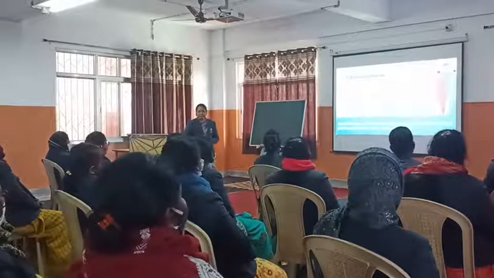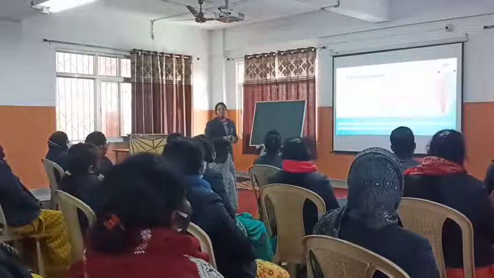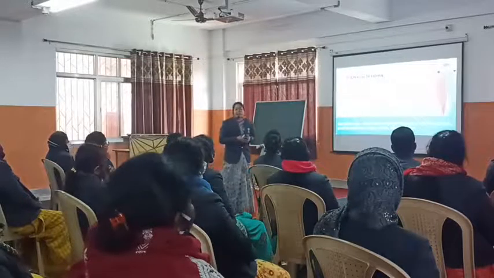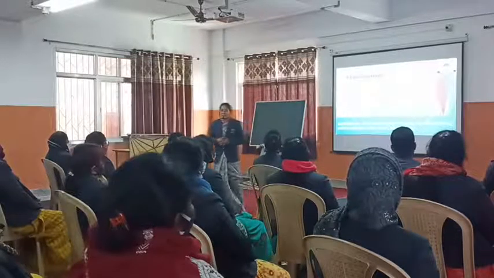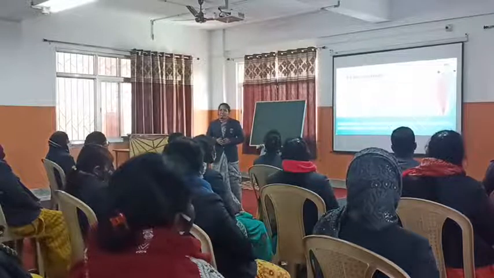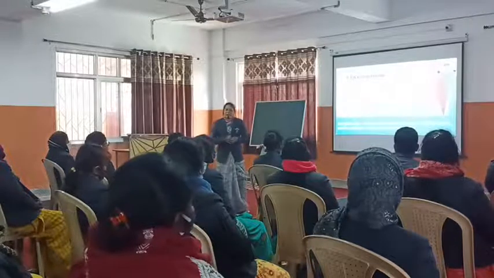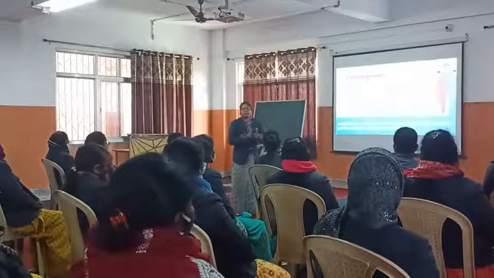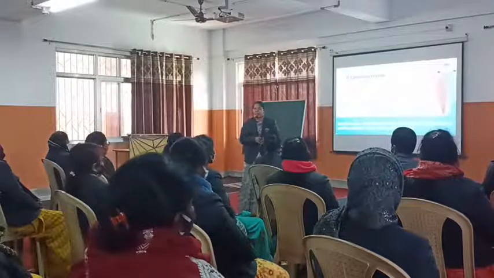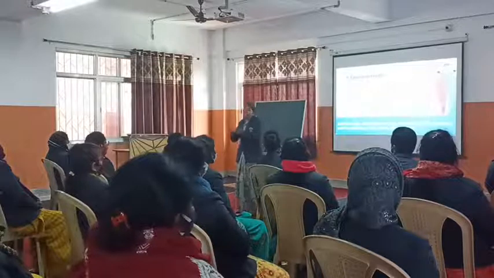For example, at this level the students are able to manage their time between playing and studies. And when they grow up, they are able to manage their time between their work and their families.